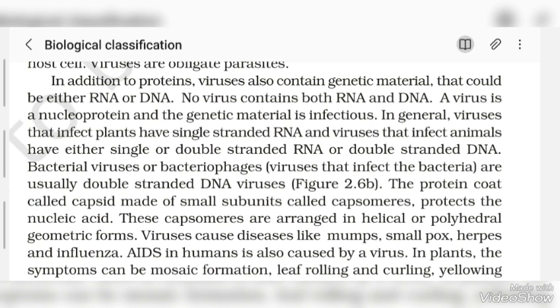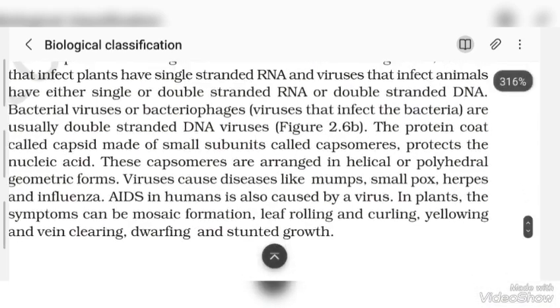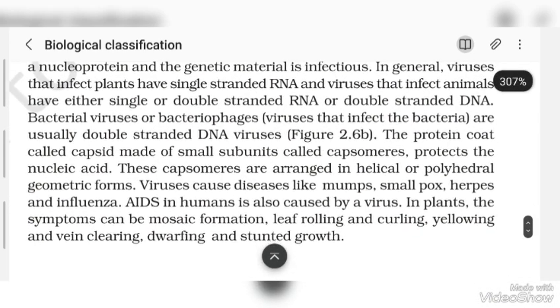In general, viruses that infect plants have single-stranded RNA, and viruses that infect animals have either single or double-stranded RNA or double-stranded DNA. Bacterial viruses or bacteriophages, viruses that infect bacteria, are usually double-stranded DNA viruses.